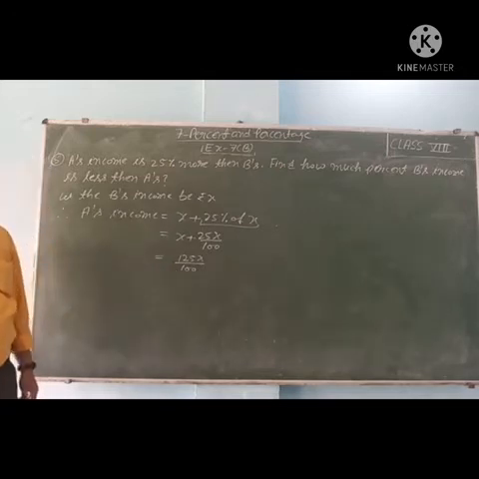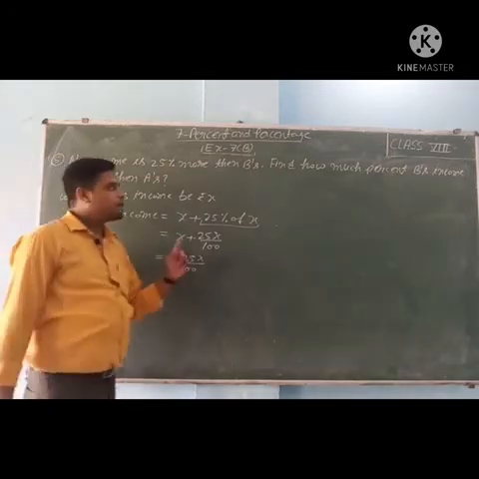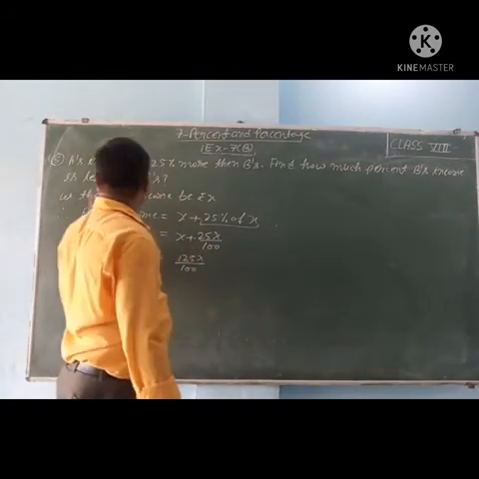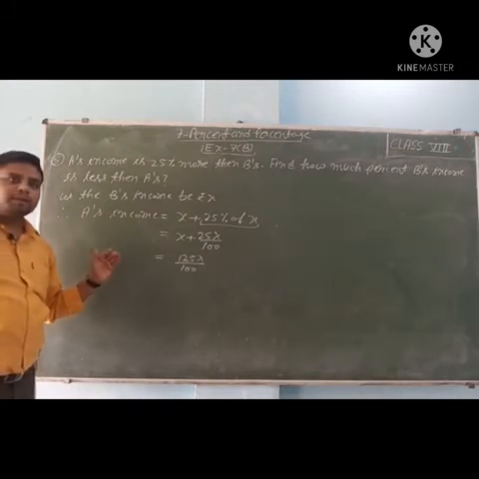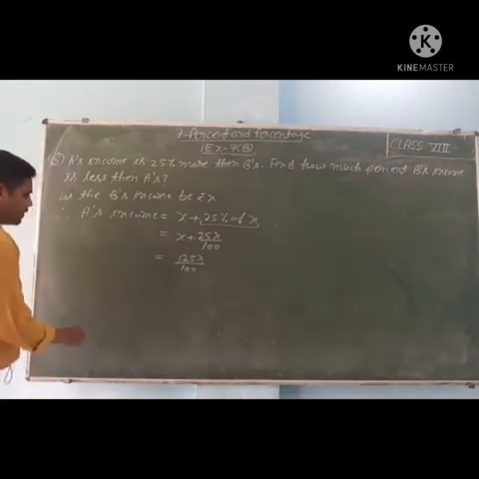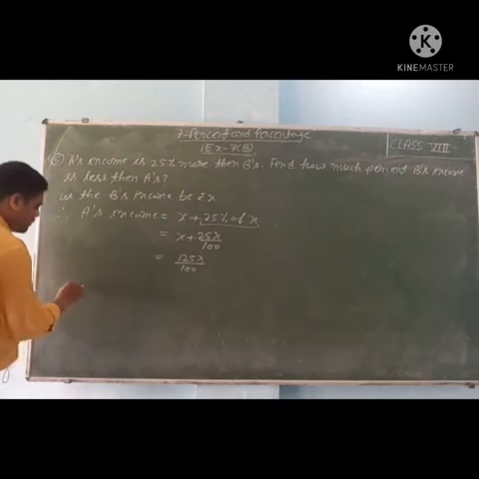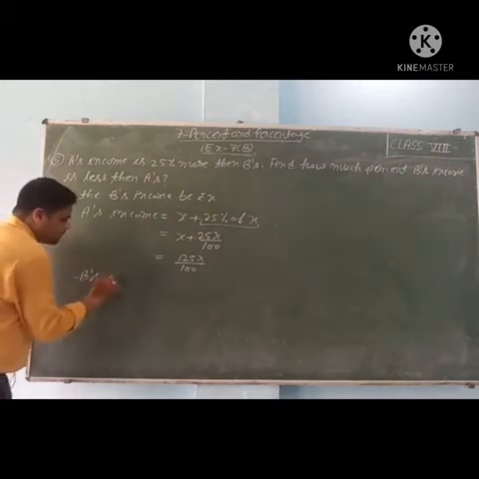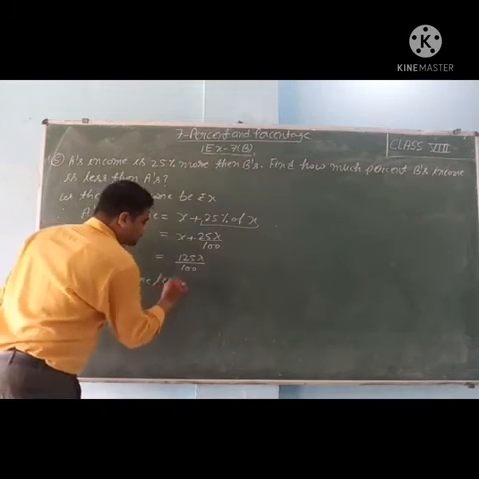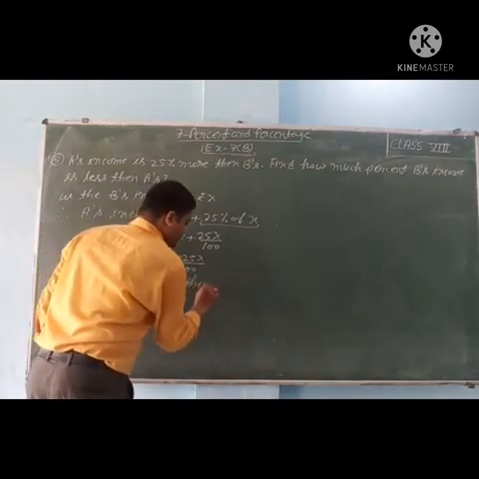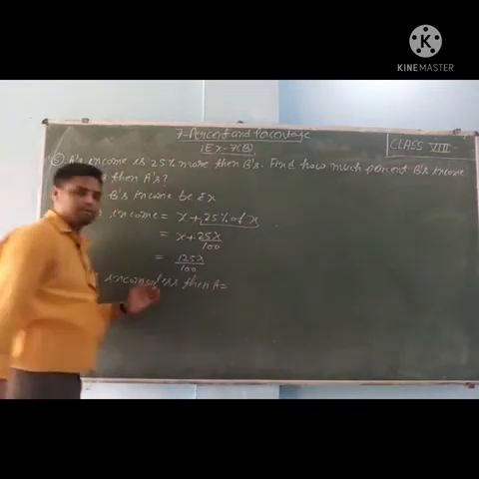Now you can see what is asked: find how much percent B's income is less than A's. B's income less than A's. So we will find B's income less than A, then we will find its percentage.